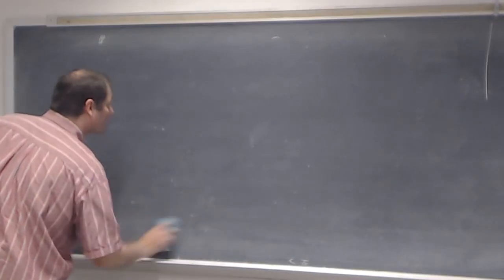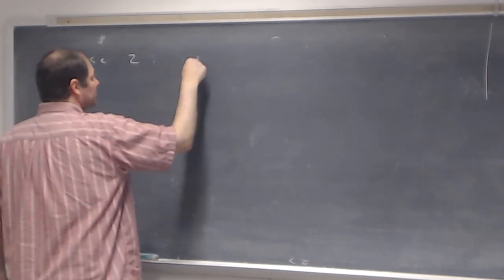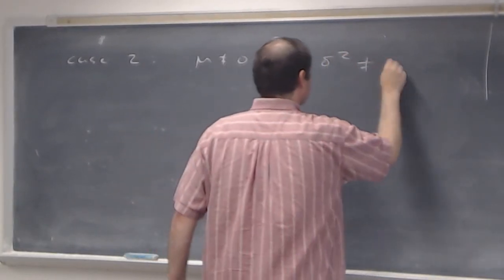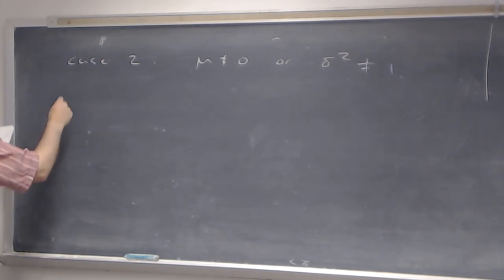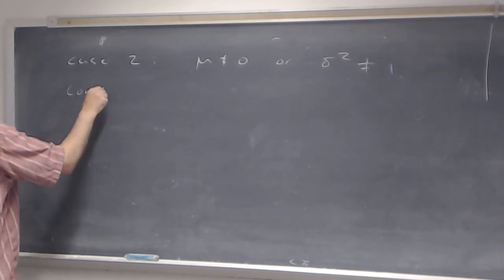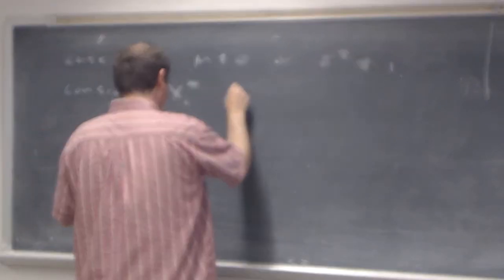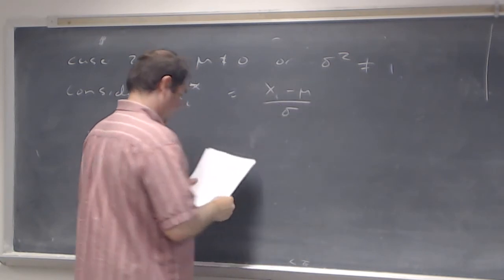Okay, so we have our second case. That is, the mean is something different than 0, or the standard deviation is something different from 1. So in this case, what we do, consider x sub i star equal to x sub i minus mu over sigma.